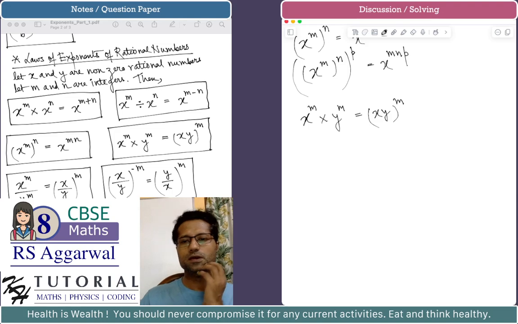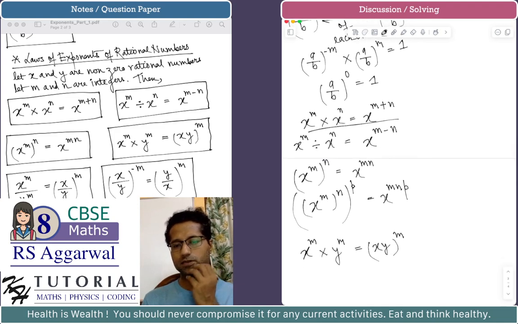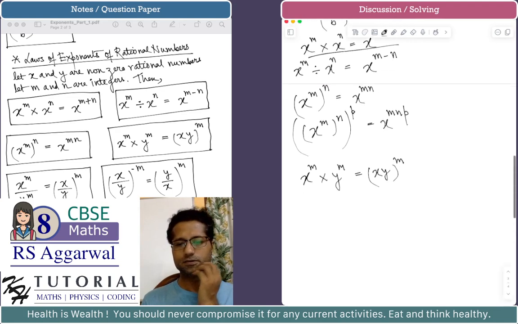So remember, in this x and y are rational numbers. x and y are not integers, they are non-zero rational numbers, and m and n are integers.